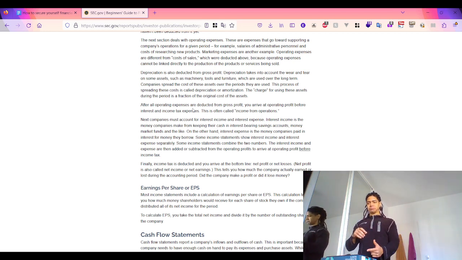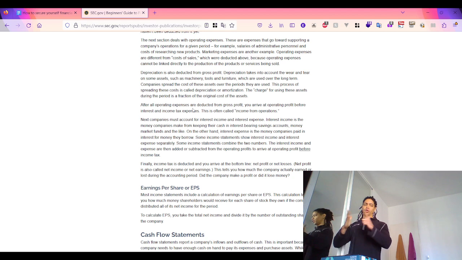From business, where now a company, instead of going to banks, goes to financial institutions such as private equity, venture capital, and also bonds.